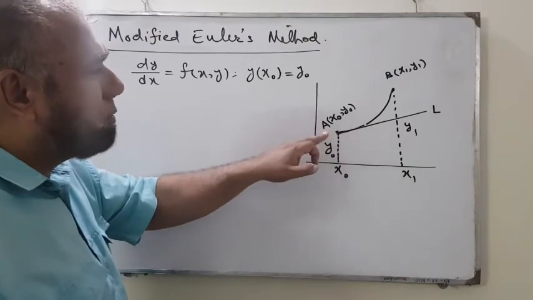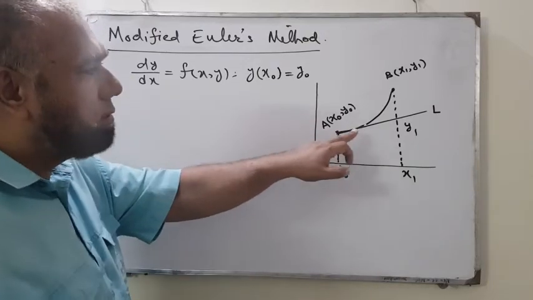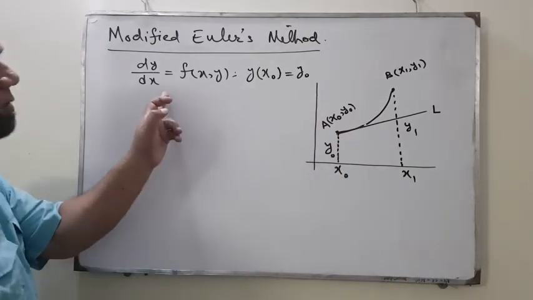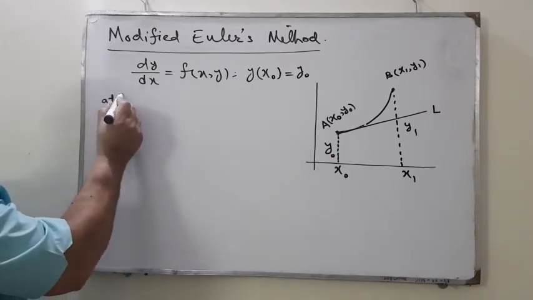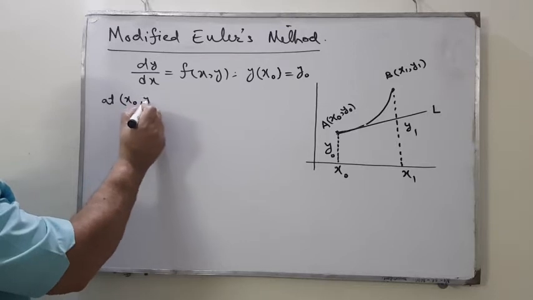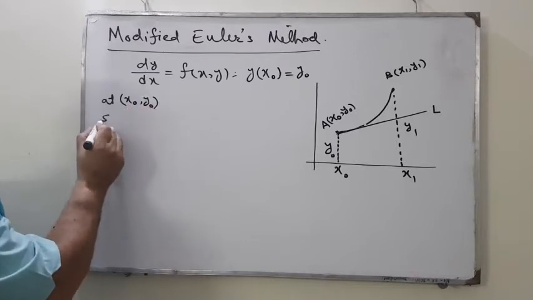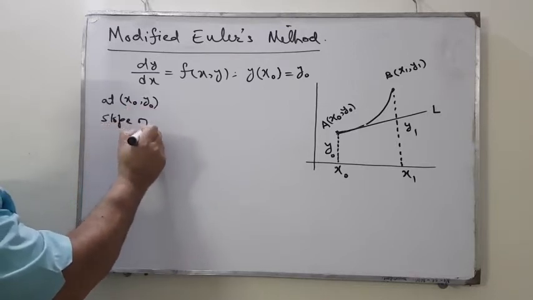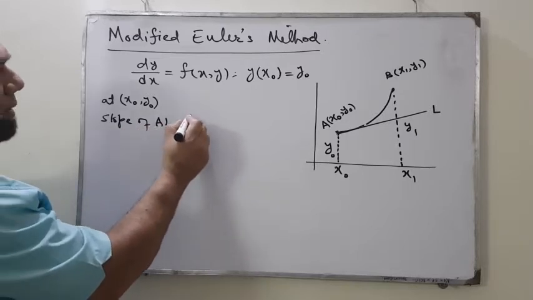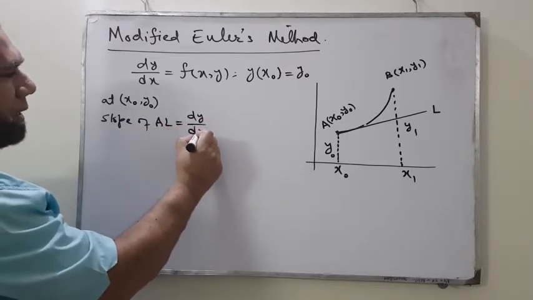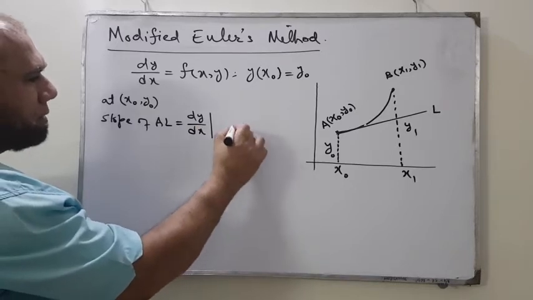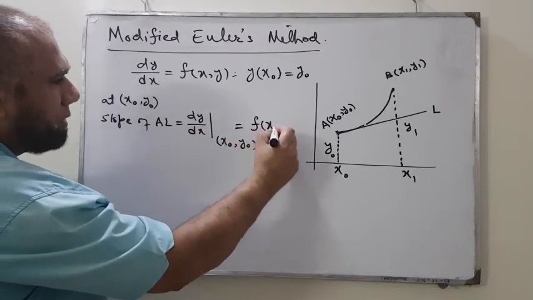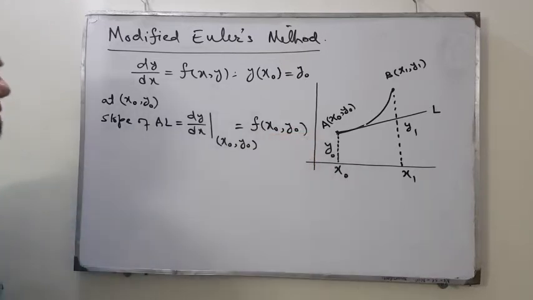The point I am going to use is A. The slope can be obtained by using this differential equation. At the point x0, y0, the slope of AL is dy over dx, which equals f of x0, y0.